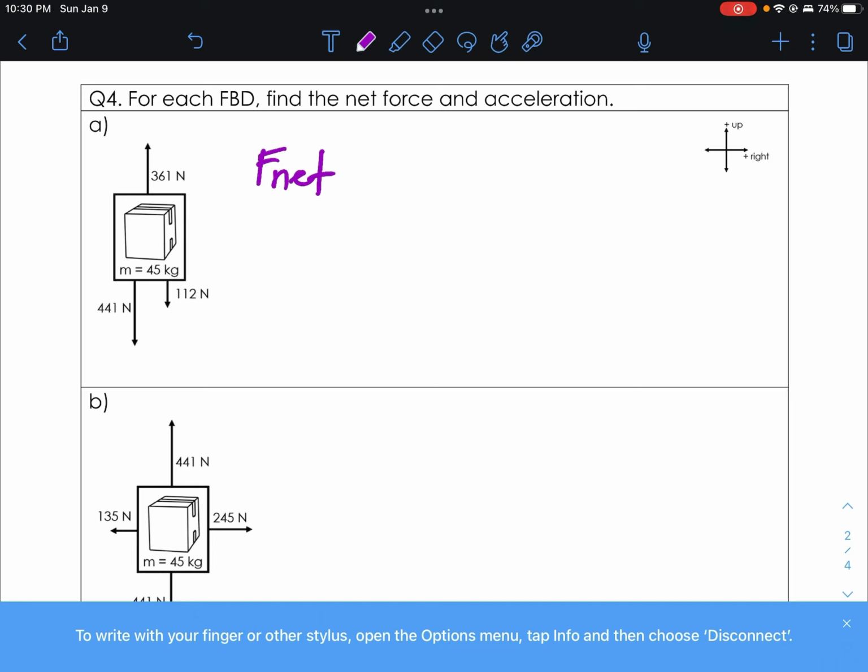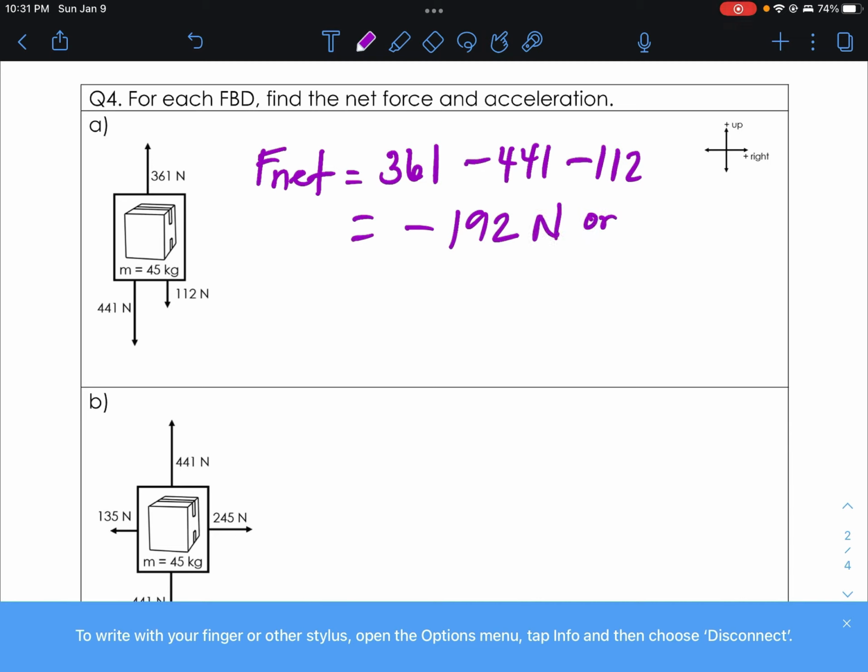So our net force is equal to 361 minus 441 minus 112. That gives me negative 192 newtons, or 192 newtons down.